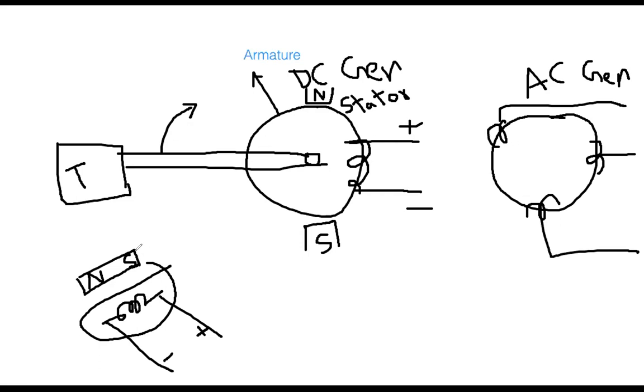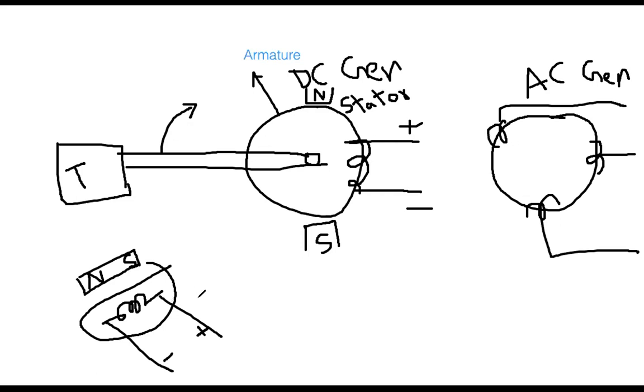If you rotate this and this at the same speed, for example 1000 rpm and this is also 1000 rpm, you are moving both at the same speed, there will be no voltage. But if you are moving both with relative motion, one has 1000 rpm, the other has 900 rpm, for example, then voltage will be built up.